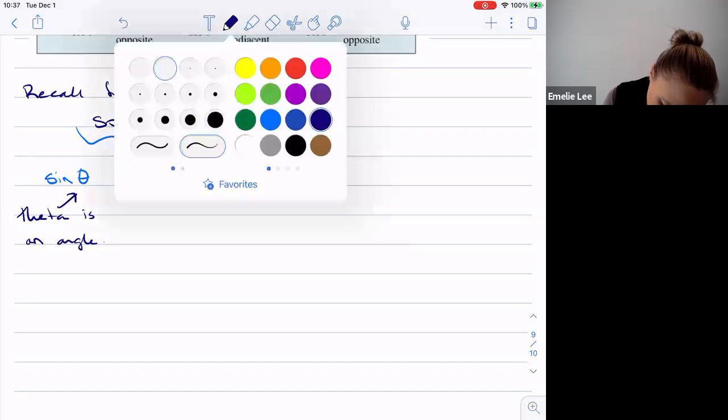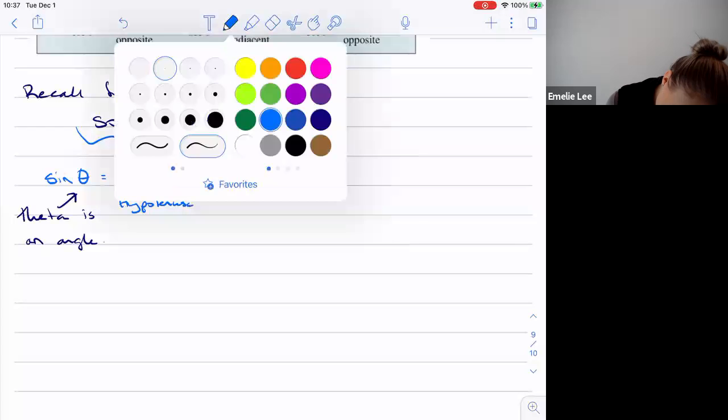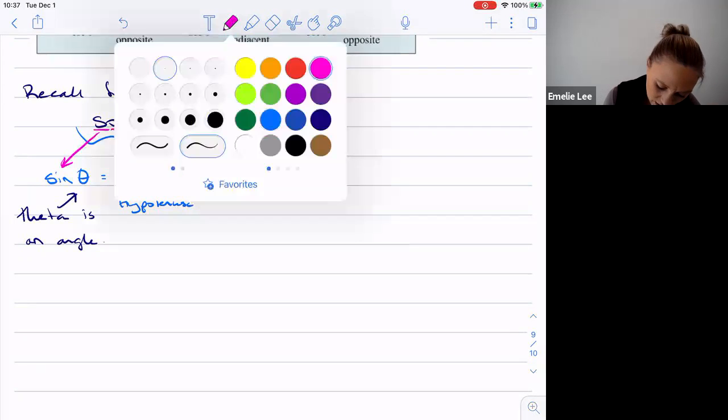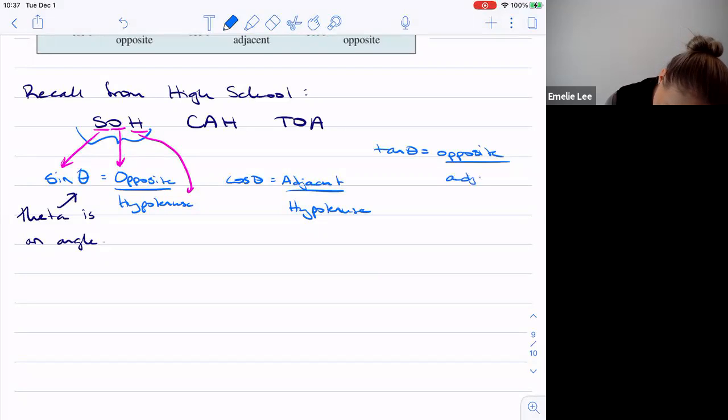So sine theta is the opposite over the hypotenuse, cosine theta is adjacent over hypotenuse, and tan theta is the opposite over adjacent.